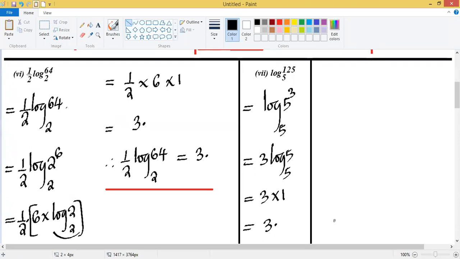Next, that one, a third log of 729 base 3. A third log of 729 base 3.